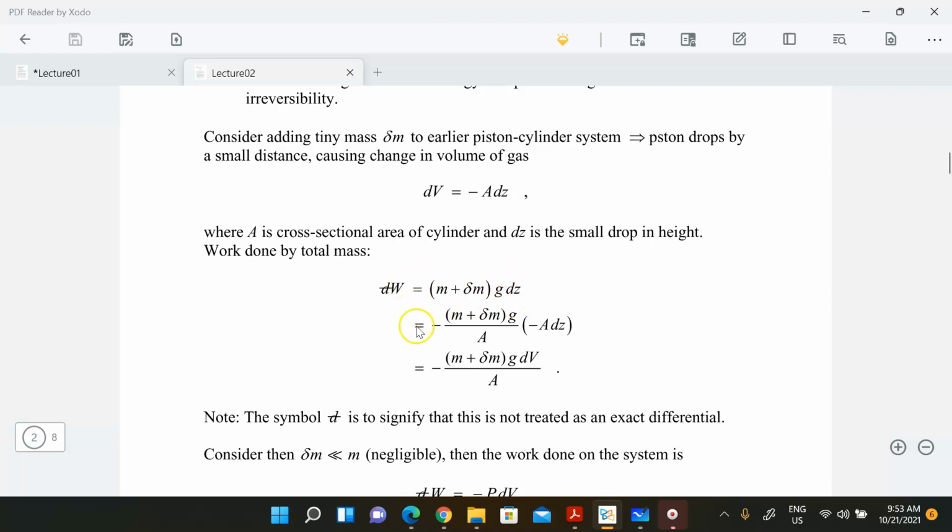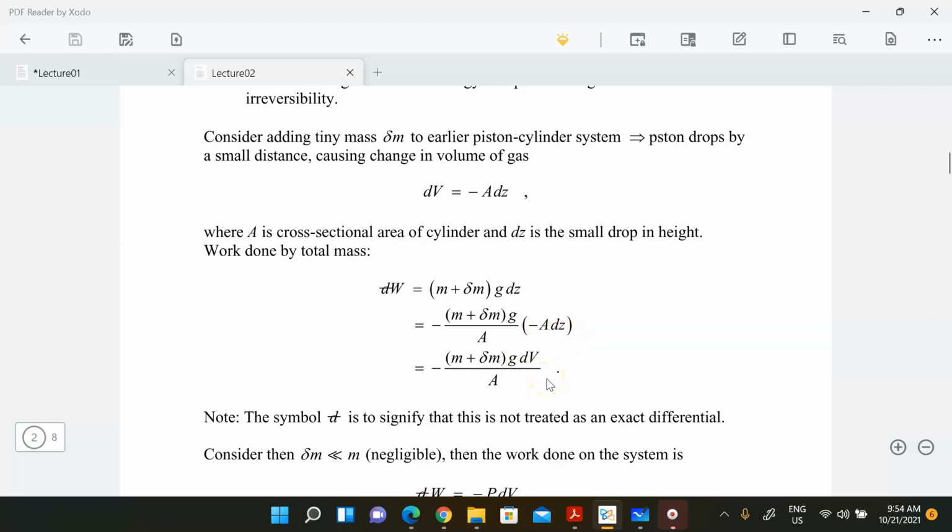Maybe I'll explain afterwards. In order to convert it to thermodynamical variables such as pressure and volume, I'm going to change this to pressure. This is your force divided by the area, which gives you pressure, and your area times dz will be your volume.